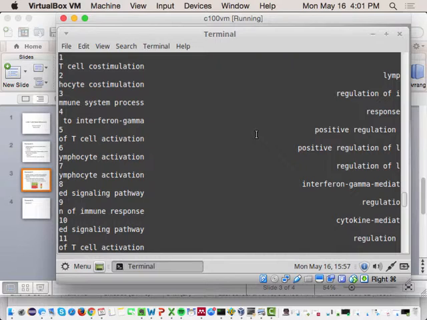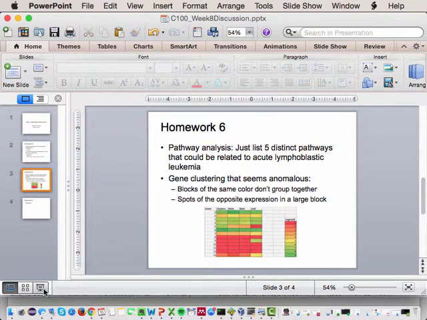Well, if you think lymphocyte activation is relevant, don't just list positive regulation and then list regulation of lymphocyte. Pick 5 different pathways for this one. I'm sure you could find 5 on this list just talking about the same thing, but make sure they're different. That's my hint for that one.